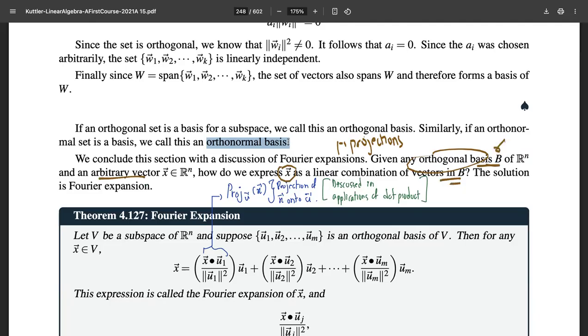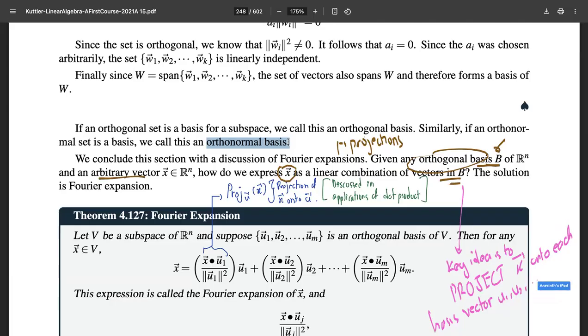The key idea is to project x onto each basis vector u1, u2, up to uk.